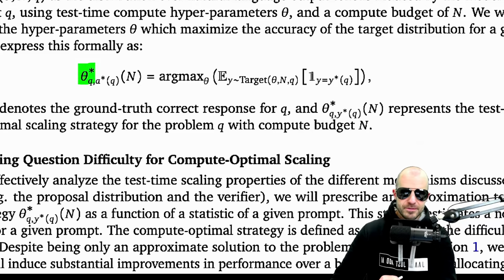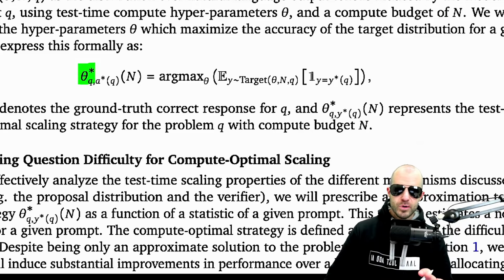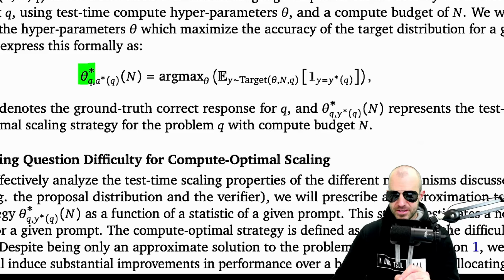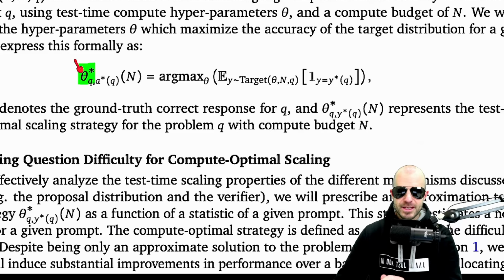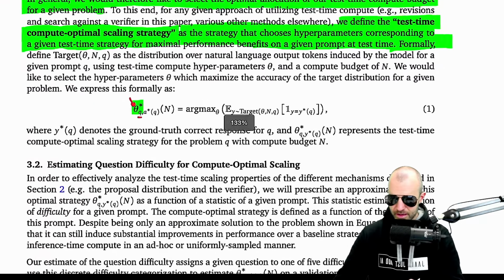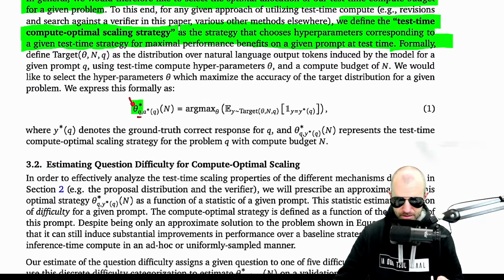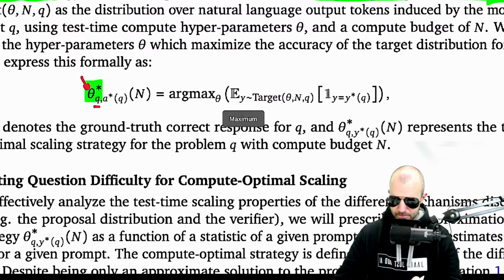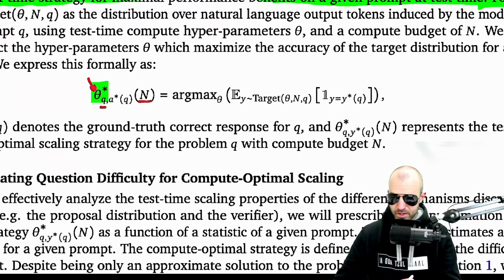So this here is the test time compute optimal strategy, right? This is a set of hyperparameters that decide where you allocate your flops, given a prompt and given a problem statement. Probably a problem statement. I'm not sure what the A star is. In any case, you also have a budget here.